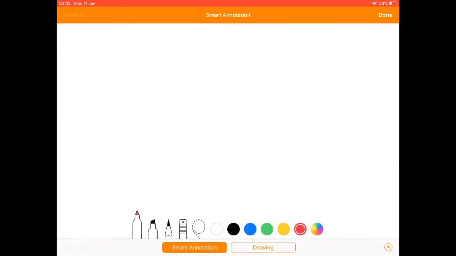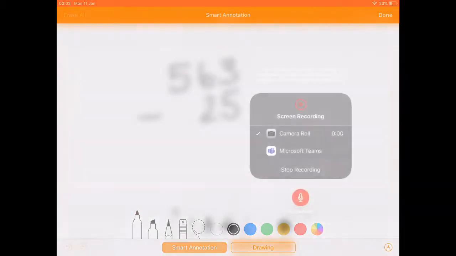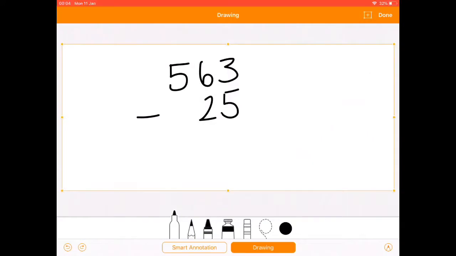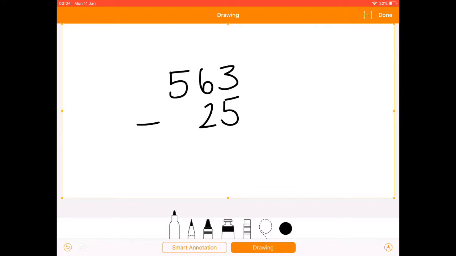So that was an example with 2 digits taking away 2 digits. But your success criteria was to also subtract 3-digit numbers. So let's take a look at a question like that. So if, for example, you had this calculation here, 563 subtracting 25. It's very important, boys and girls, that you line up those numbers into the correct place value columns.